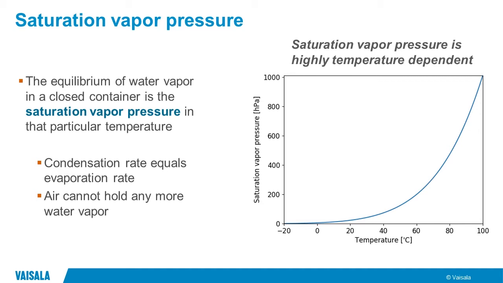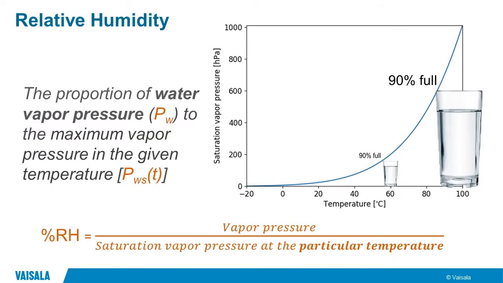So what does that mean for relative humidity? Here in this slide you see the actual definition of relative humidity. It's the actual vapor pressure divided by the saturation value. So that would be the graph here. Relative humidity actually means the proportion of actual water vapor pressure to the maximum value, which is given by this curve here.